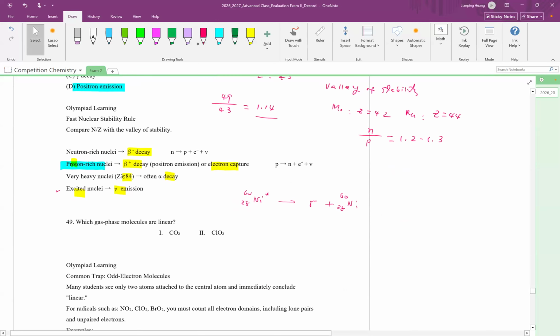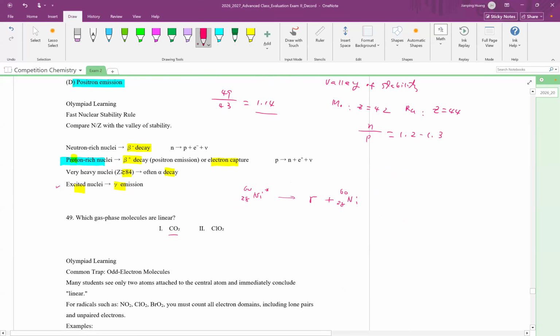Now I'll go to this one. This is easy: you draw the Lewis structure. That's linear. Here, remember, you have seven minus four, so that should be bent, but the bond angle is less than 109.5.